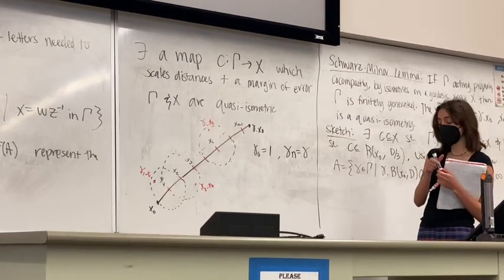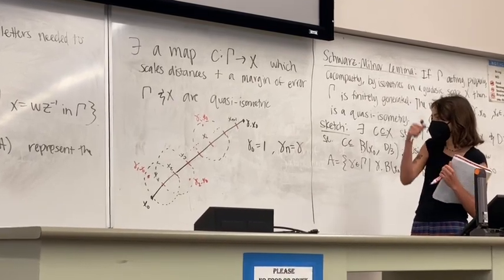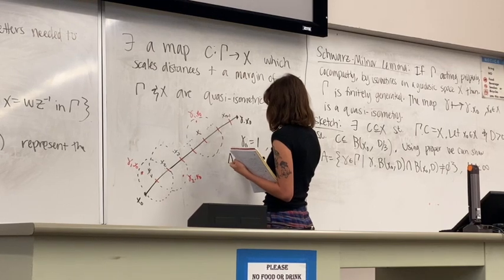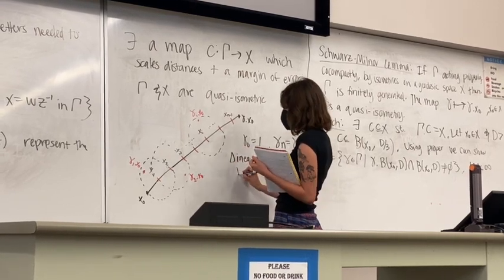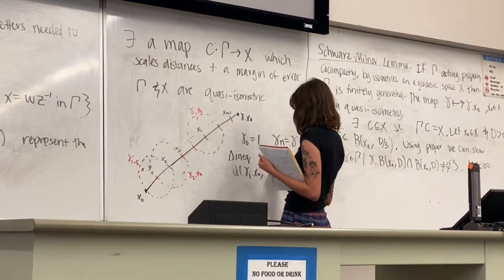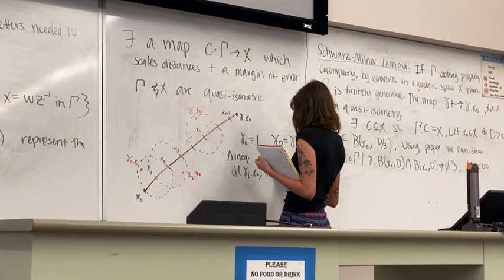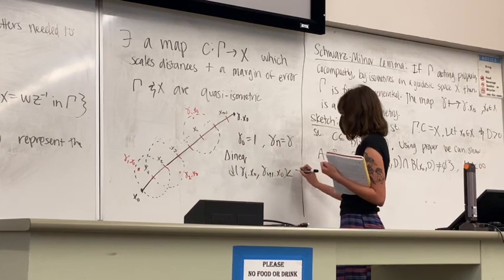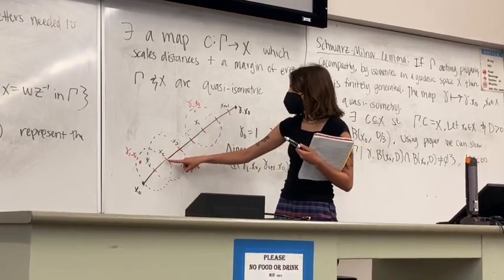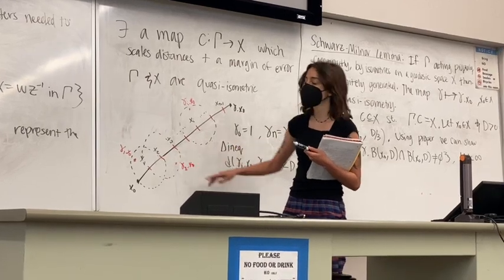And so what we can do is, using the triangle inequality, show that the distance from gamma sub i dot x naught to gamma sub i plus 1 dot x naught is less than d, because we're within d over 3, go another d over 3, within d over 3.